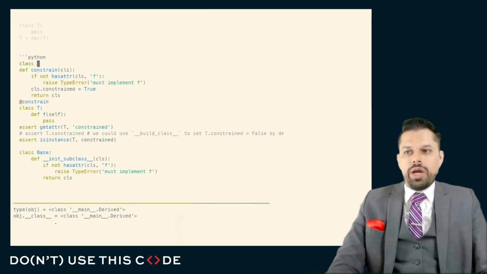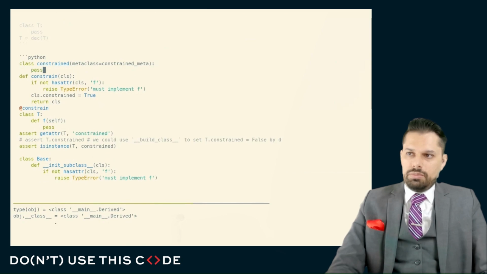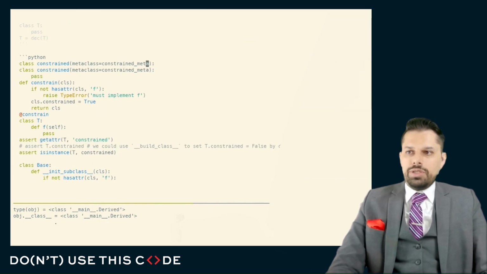And this would just require that we add something like this. So you get the general idea here that there really isn't that much of a difference between these two.